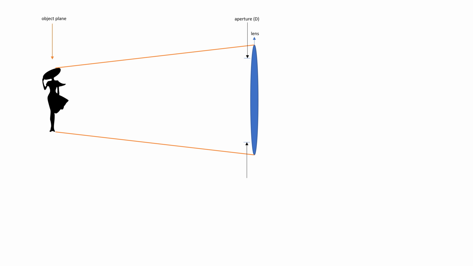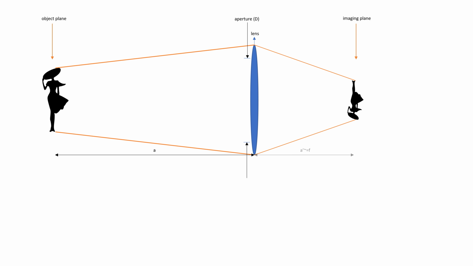When we use a camera with aperture diameter of d to capture an image of an object on the object plane, the camera registers the image of the object onto the imaging plane, where the distance from the camera lens to the object on the object plane is a, and the distance to the imaging plane is a prime, which is approximately f.